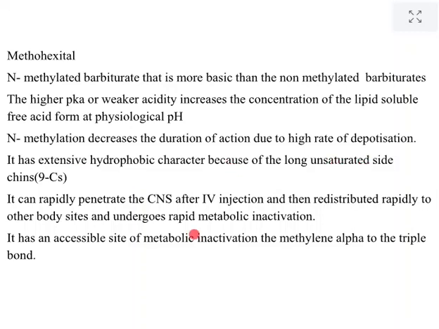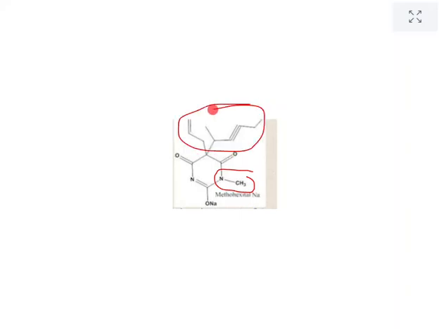If you look at this drug, just like thiopental sodium, you can see these long groups, these big hydrocarbon groups. Of course, it has one disadvantage because of the unsaturation, and unsaturation within the alkyl chain promotes metabolism.